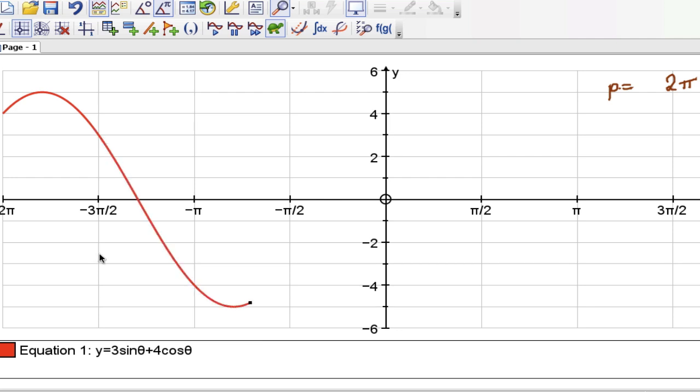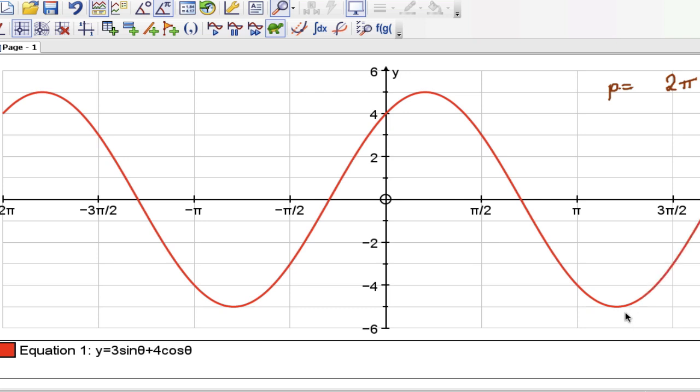And as you would have hopefully realised, it again has the wave-like properties of a sine or a cos graph, and it's looking like this here. It's going all the way up here. It looks like it's meeting at 5 and it's coming all the way down here to -5, but it's got that wave-like property of a sine or a cos graph.